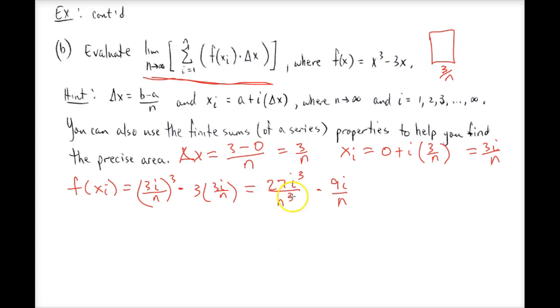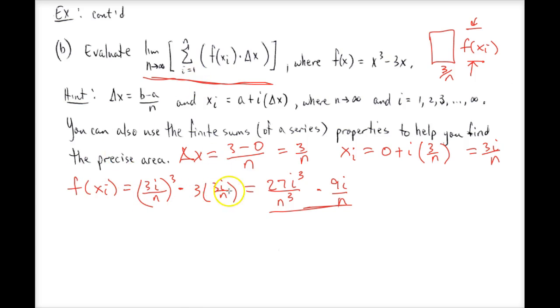And so this is what our function looks like. And the height of our rectangle will be characterized by what we see there. So what we're going to do now is the summation of this times the 3 divided by n, and we're going to evaluate the sum, and then after that we're going to take the limit.